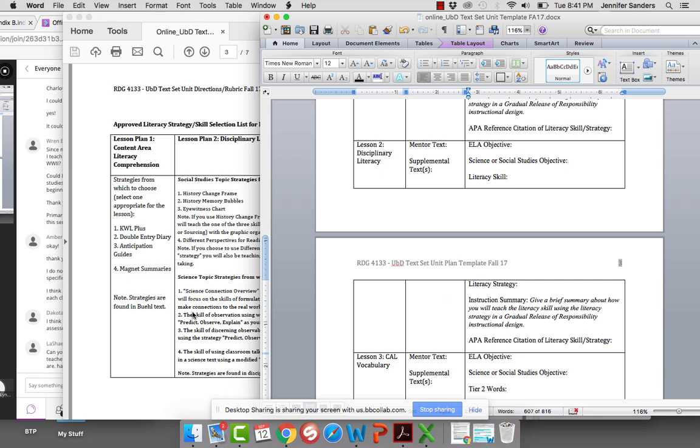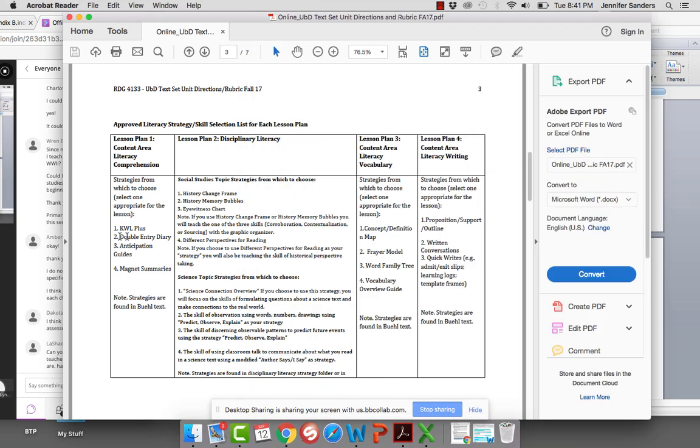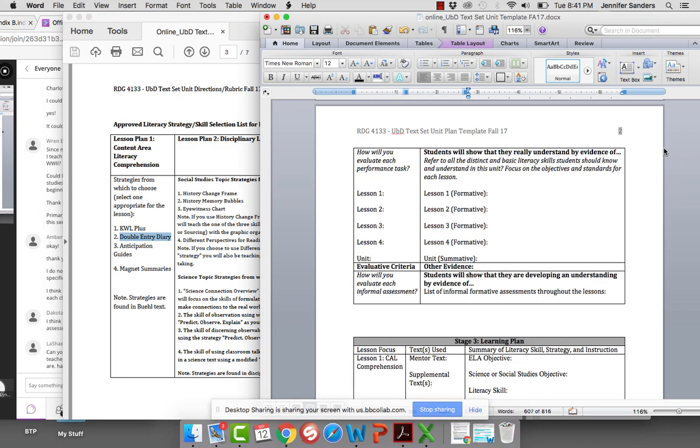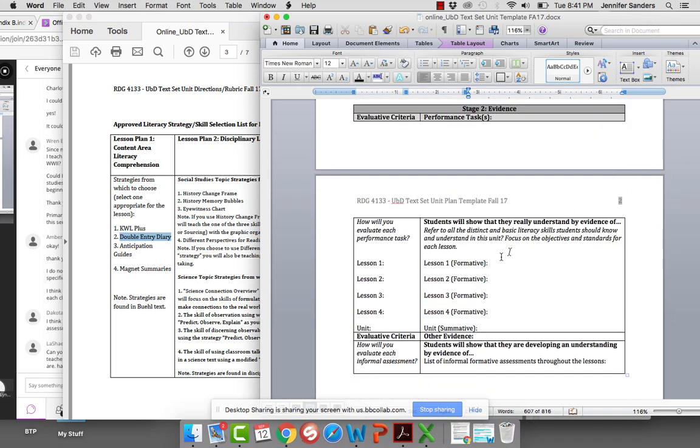Let's say that you use a double entry diary for lesson 1. When we talk about assessment, your assessment is going to be a double entry diary. When we talk about a history memory bubble, your assessment for lesson 2 is that your students should independently create a history memory bubble.